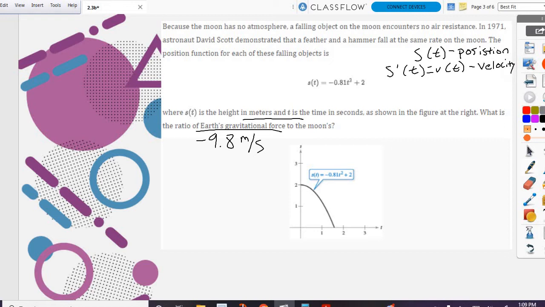Basically, velocity is the rate of change of your position. Let's think about that going a step further. What would we get if we took the derivative of velocity? Acceleration. Which is also going to be what?